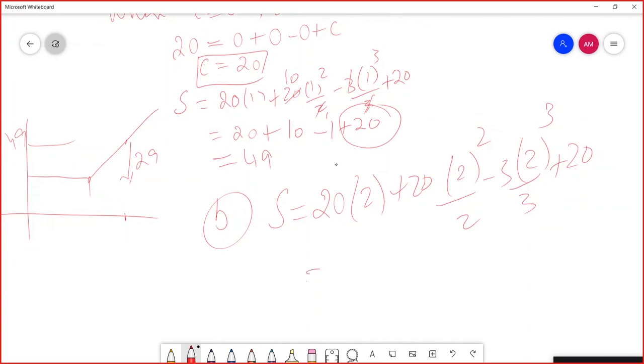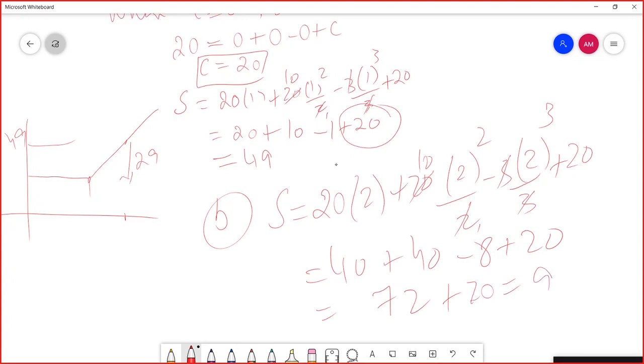So this would be 40 plus 4 times 10, which is 40, minus 2 cubed, which is 8, plus 20. 40 plus 40 is 80, 80 minus 8 is 72, plus 20. So this becomes 92, right?